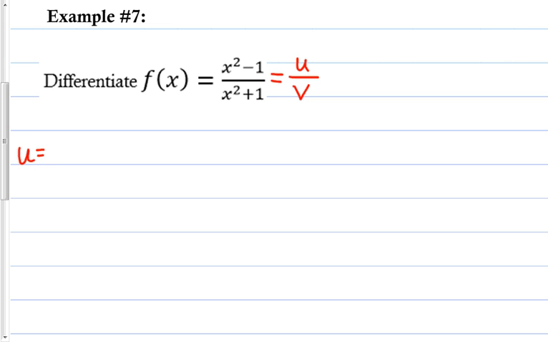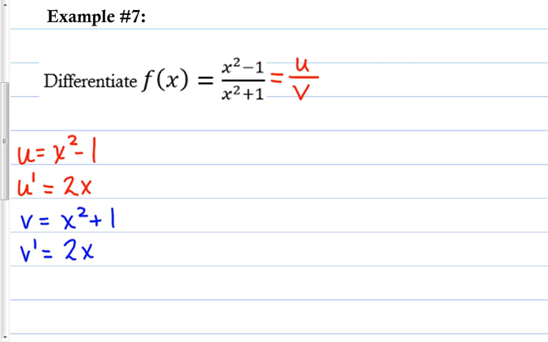U is the top, which is x squared minus 1. U prime is going to be the derivative of that, which is 2x. So now, all right, v is the bottom, the low part, x squared plus 1. V prime is the derivative of that, which is also just 2x.